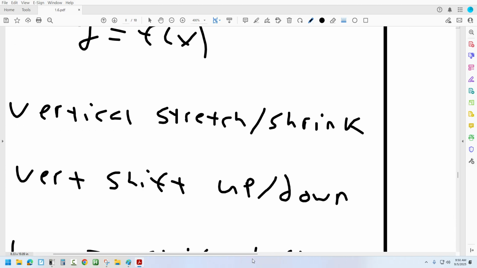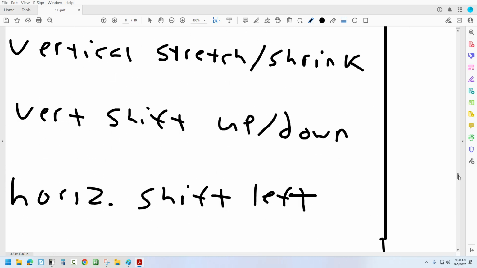Okay, next one. Shifting left. What kind of arithmetic would shift something left? Yep, Raj. Addition. Addition, inside or outside? Inside. Inside, perfect.